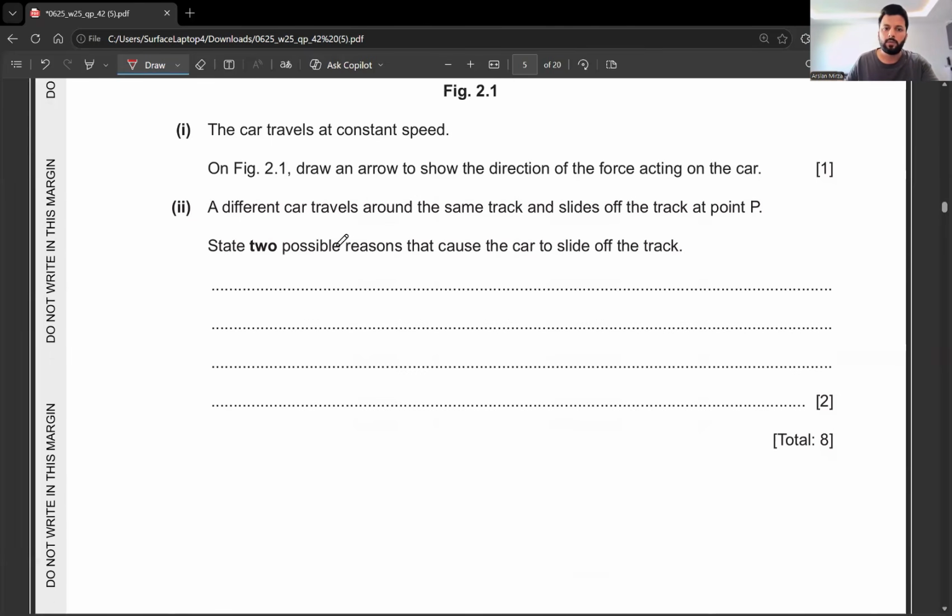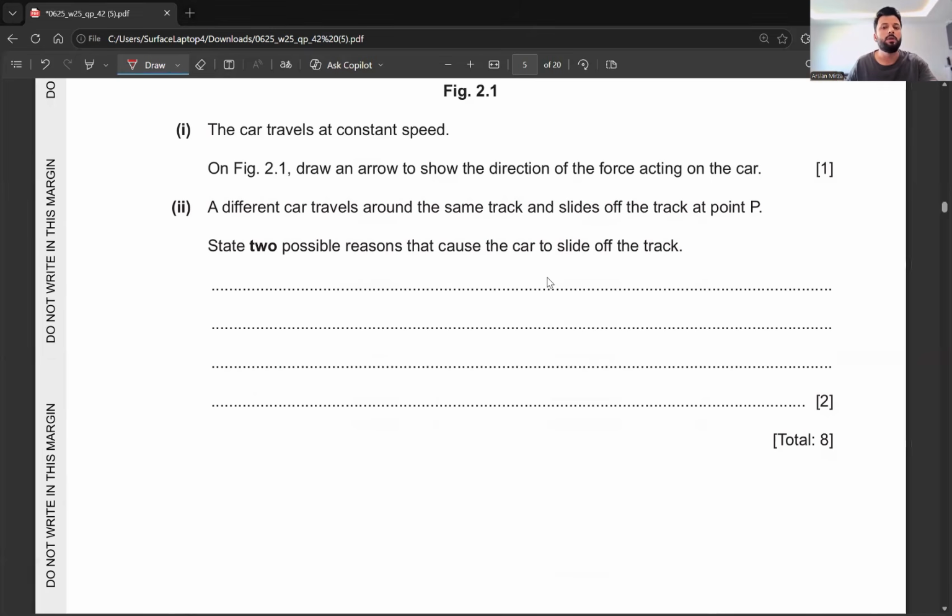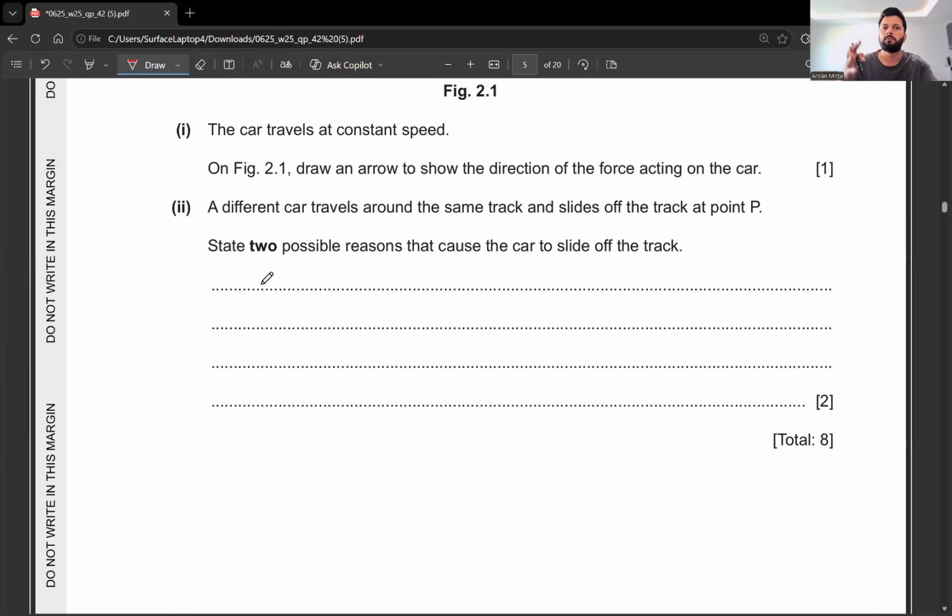Second part, a different car travels around the same track and slides off the track at point P. State two possible reasons that cause the car to slide off the track. If the car is moving in a circular path, what is the possibility to slide off? The car is moving with high speed. There is less friction between tires and road, the tires are not good. And if the car is heavier. The difference between a bus and a car is that a bus cannot travel in a circular path with high speed.